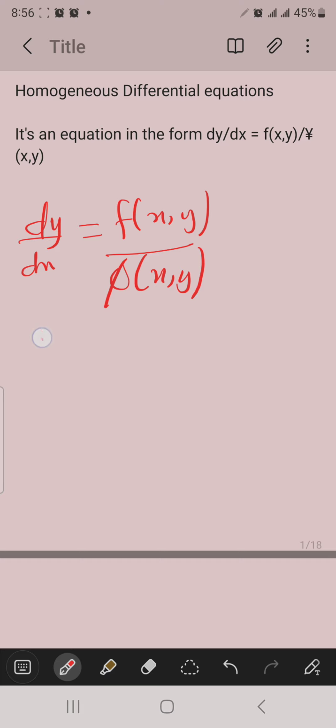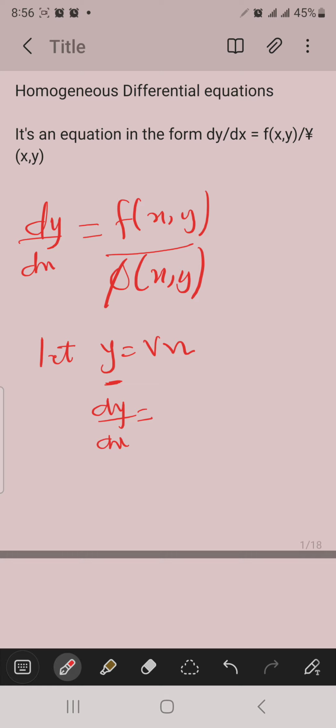we are going to let y equal vx. After that, we differentiate this y to get dy/dx. This is in the form of a product rule.